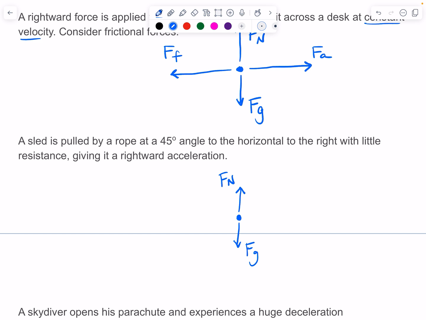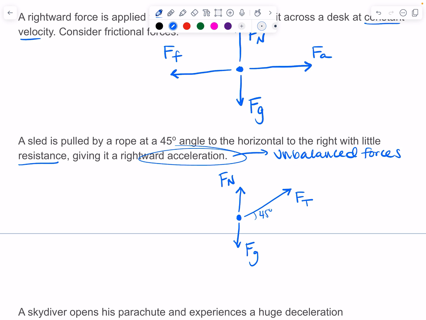And then it looks like I have a tension force at a 45-degree angle to the horizontal. And it does say with little resistance, so I can assume friction is negligible or too small to worry about. And those forces do appear to be unbalanced, which causes an acceleration. So unbalanced forces cause an acceleration.